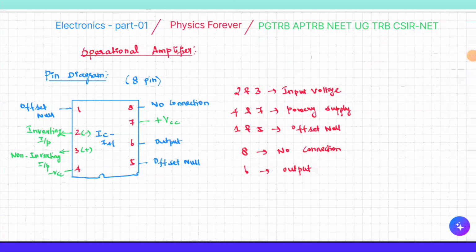Then pin number 8 has no connection. We have to take the output from pin number 6. So this is the pin-out diagram. So 2 and 3 are input voltage, 4 and 7 power supplies, 1 and 5 offset nulls, 8 no connection, and 6 is the output.